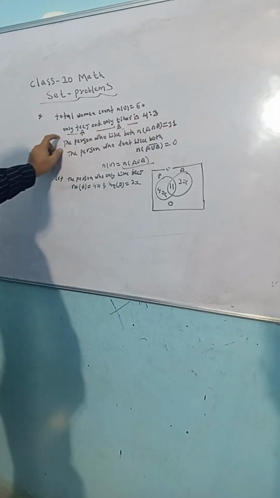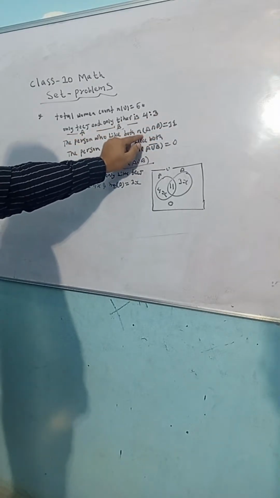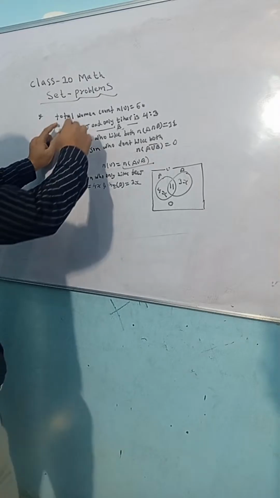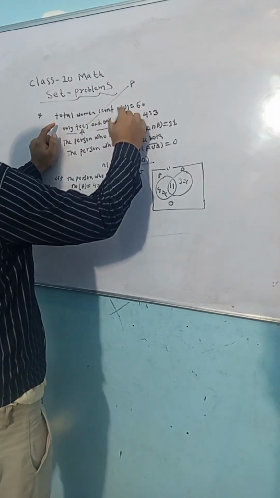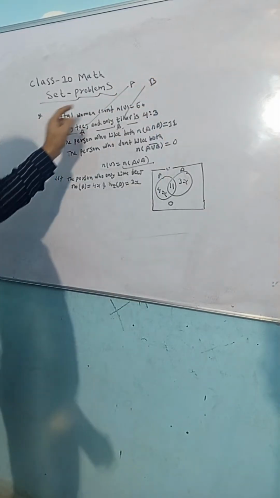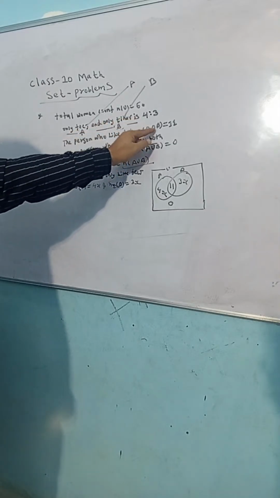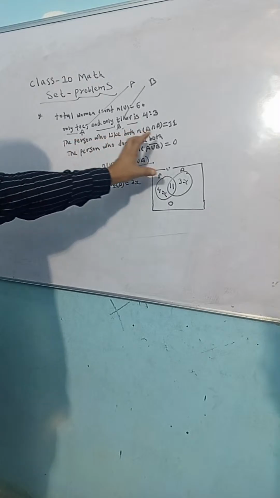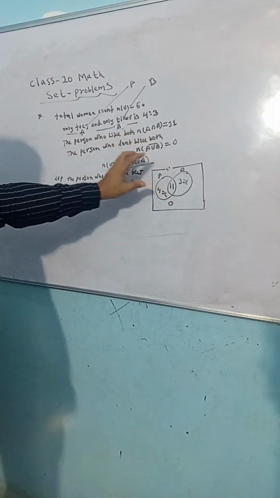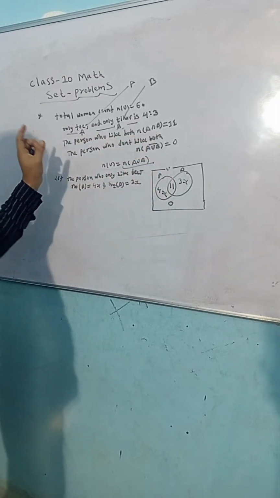So here, I have assumed Tej as A and Tihar as B, and in these two letters I have indicated them. The person who likes both, A intersection B, is 11, and the person who doesn't like both is given as 0. We don't have anyone who doesn't like both.